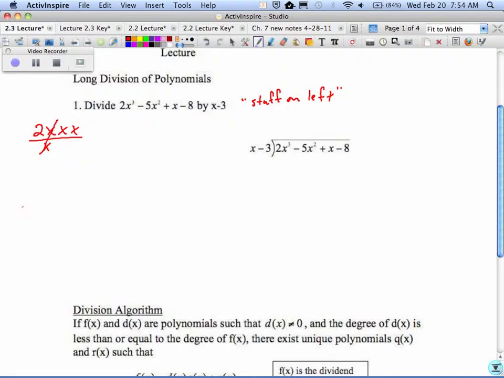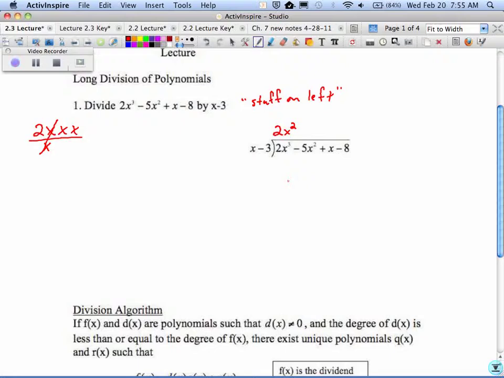If I write a 2x squared up top, the point of polynomial long division is we're starting with the cubic, and we want to continue to break the polynomial down by bringing it down a degree, bring it down a degree, until you get your answer.